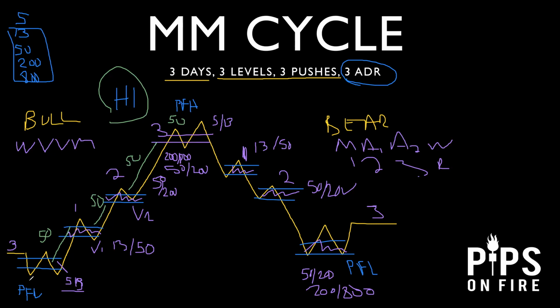It's not like you ignore it, but just know that level 3 from the previous cycle has completed once this 50 pips are done. So now you know that there's 3 ADR to finish out the cycle. So what's 3 times 50? That's 150. So this particular pair needs 150 pips to complete the ADR.